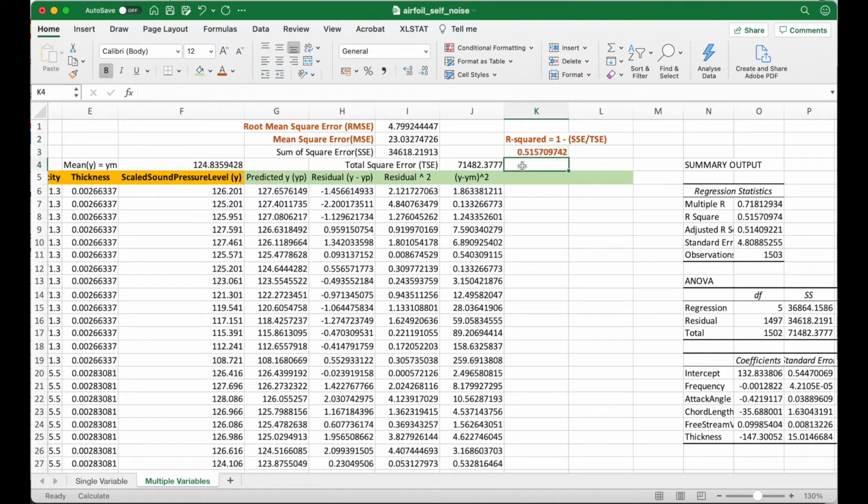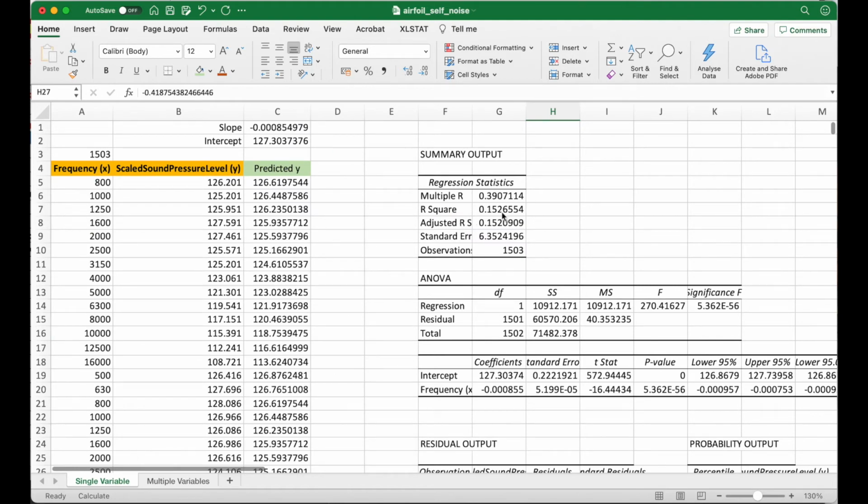So when we have multiple models, the model which has a higher R squared value can be safely considered to be the better model among those models. So this is one measure which we need to determine. Now notice one thing. When we did the regression based on a single variable, we got an R square of 0.15.